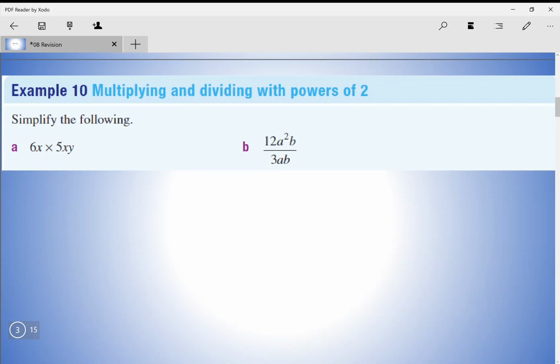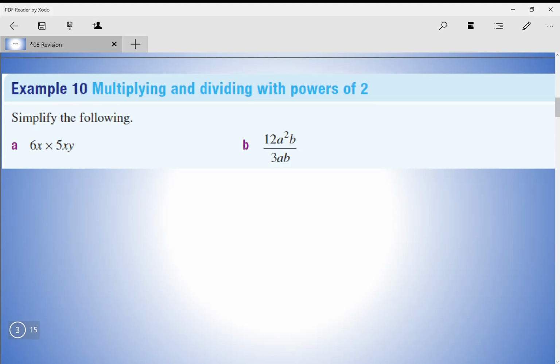Moving on to multiplying and dividing algebraic terms. Multiplication is a fairly simple process. What we're doing is here we have 6x times 5xy, so really what that means is just multiplying everything together.